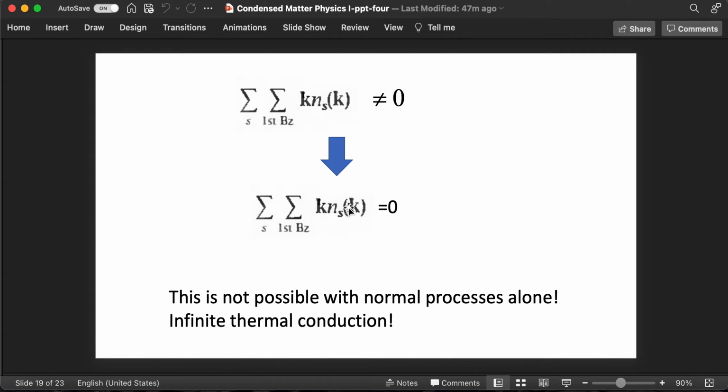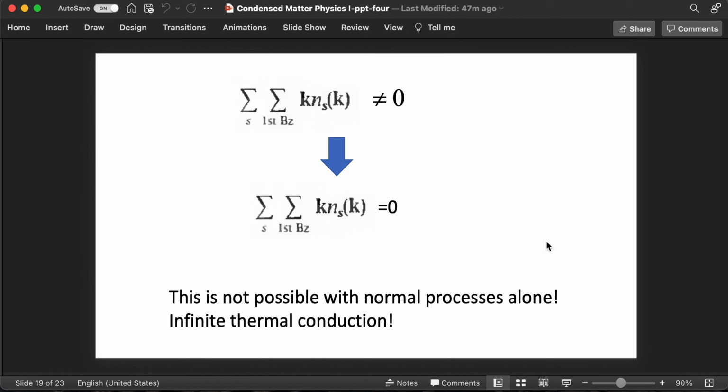There's no way. And in fact, you can show that if I don't have any mechanism to equilibrate the system, that is, there's no scattering process, there is no way to lose momentum, the thermal conductivity will actually be infinite for this kind of a normal process.